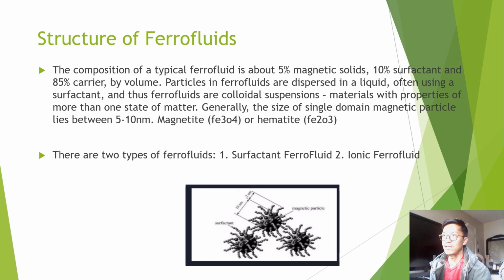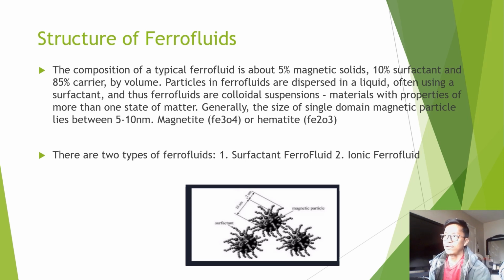So we can see here the structure of the ferrofluid, and there are mainly two types of ferrofluids. One is surfactant ferrofluid, and another is ionic ferrofluid. The composition of a typical ferrofluid is about 5% magnetic solids, 10% surfactant, and 85% carrier by volume.